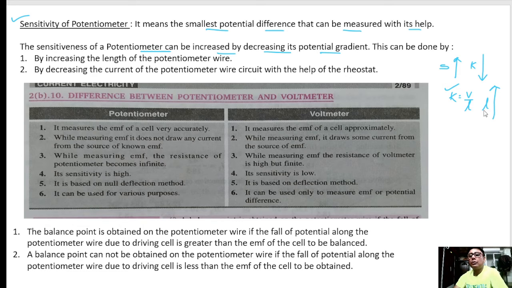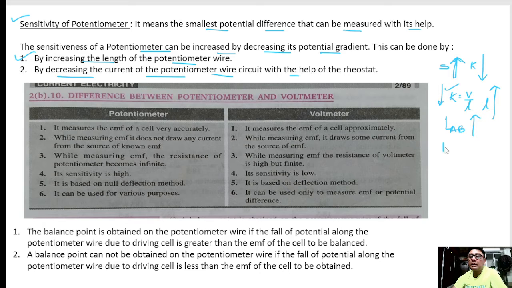So if I choose more length of the potentiometer wire, if the length of AB is increased, then potential gradient will be decreased, and potential gradient decreased means sensitivity will be increased. Please keep this in mind. Clear? So this is what I was telling. By increasing the length of the potentiometer wire and by decreasing the current through the potentiometer wire, that means why the current?